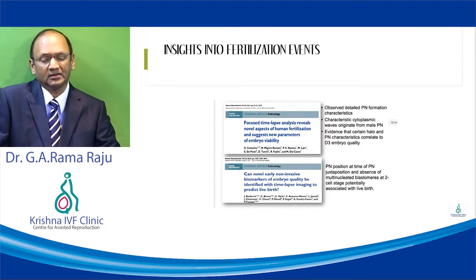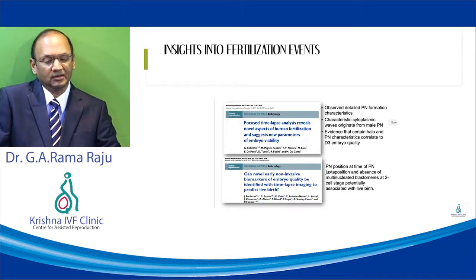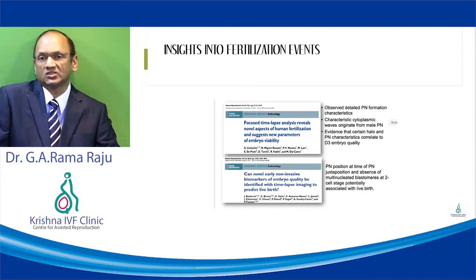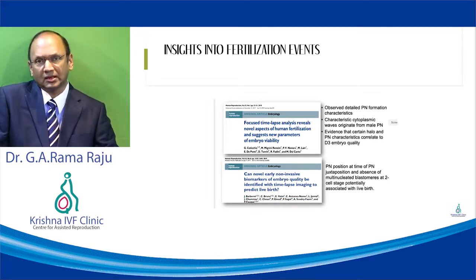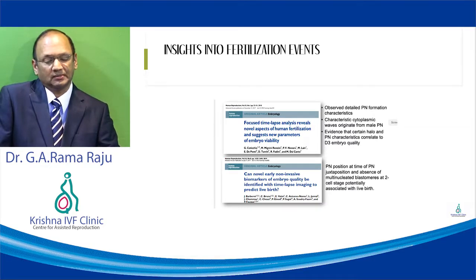The scientific data says that focused time lapse analysis reveals a novel aspect of human fertilization and suggests new parameters of embryo viability, in which pronuclear formation characteristics are assessed, the cytoplasmic waves are analyzed, the evidence of the halo of the cytoplasm to predict the implantation potential.